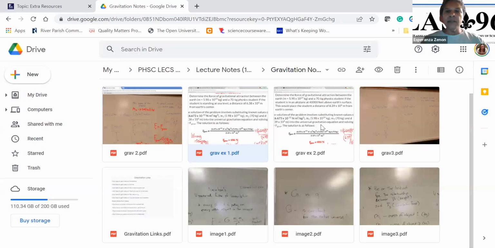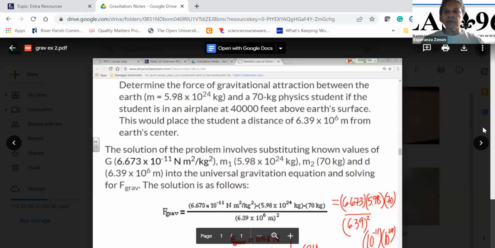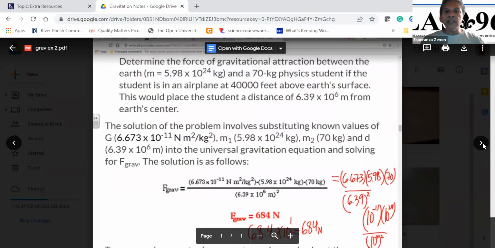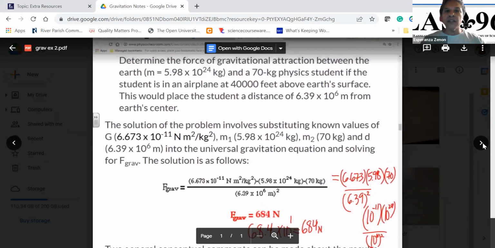But let's look at this other example. By now you might be thinking, oh, well, instead of doing all this stuff, I can just do m times little g, right? Why go through all the craziness with this gravitation formula, numbers and exponents and all that? Here's why.